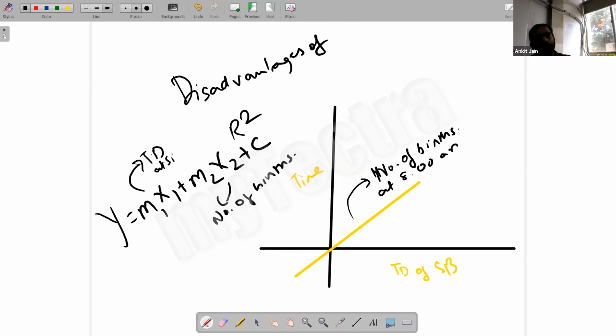M2 will come to 0. If it is not related to your Y, mathematically M2 will tend towards 0. So your model itself will come out to be Y = M1 X1 + C. Your M2 will tend towards 0. Are you getting the idea what I'm trying to say? Your regression will automatically find M2 as 0.